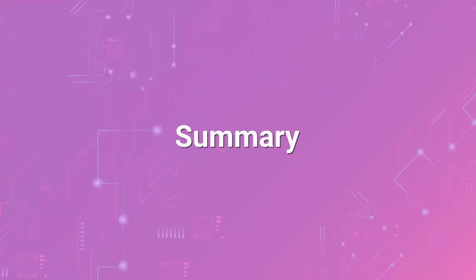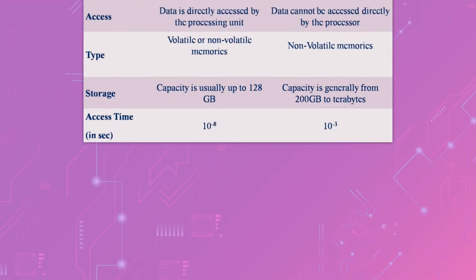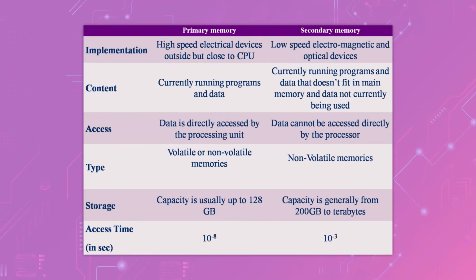Now, if we go along with the basic concept we have discussed in this particular unit, we can summarize it in terms of the 3 memory unit divisions. One is the CPU memory, second is the main memory, and lastly we have the secondary memory.